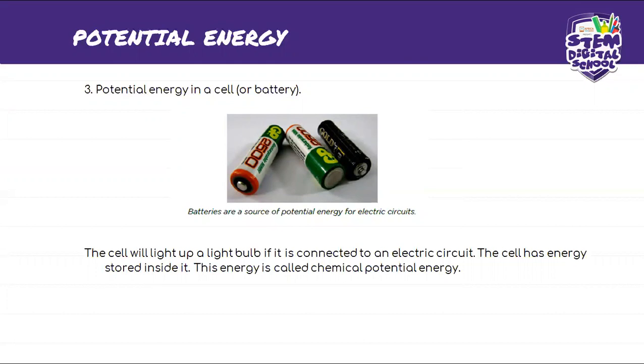Potential energy for electric circuits. All right. Now the cell will light. So supposing I place this one in a torchlight or connect it so that there is a complete circuit, whatever will be connected to them, for instance, a light bulb, the cell will light up the light bulb if it is connected to an electric circuit. Why? Because the cell has got what? Energy stored in it. This energy is called what? The chemical potential energy.